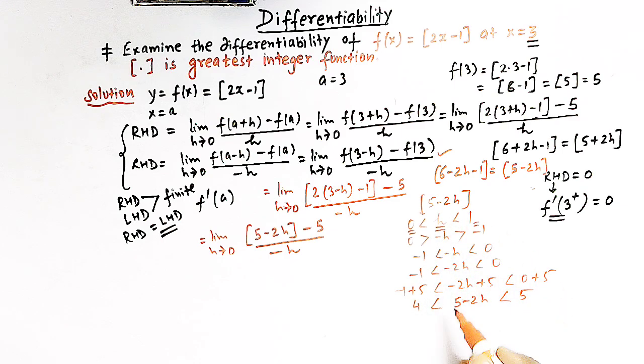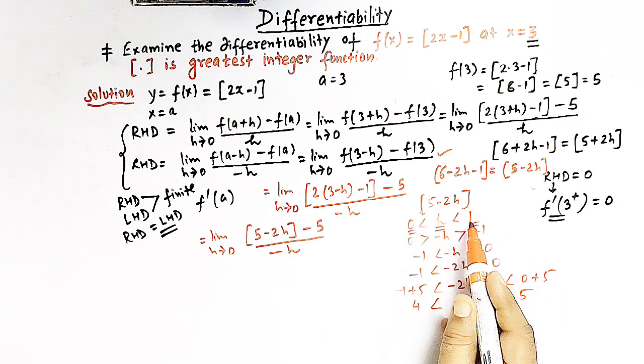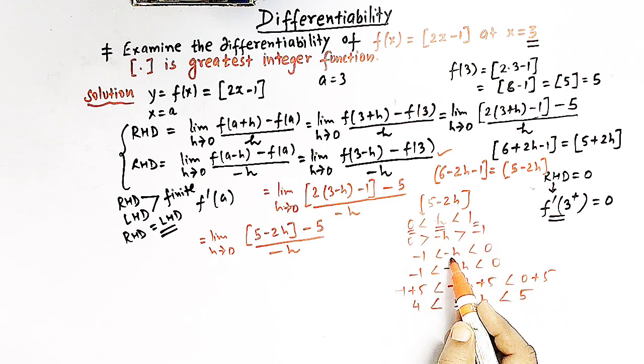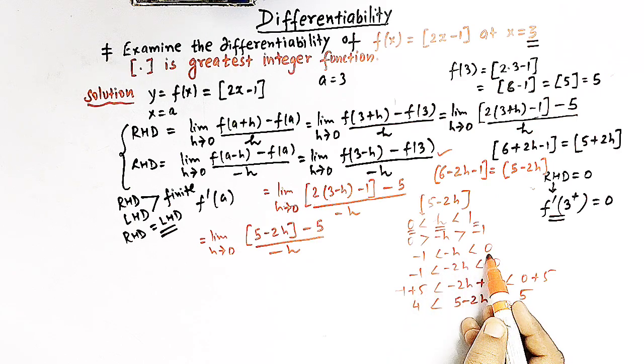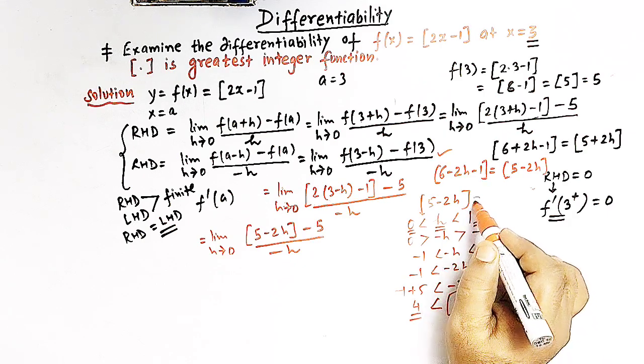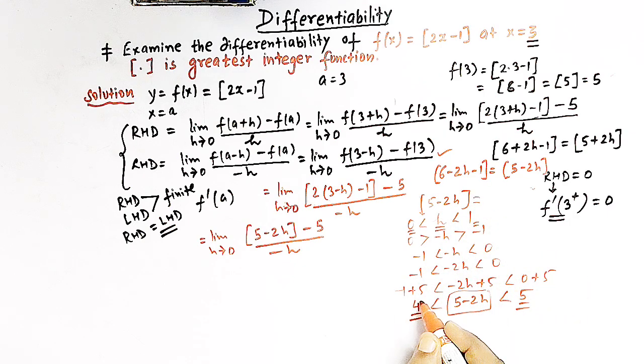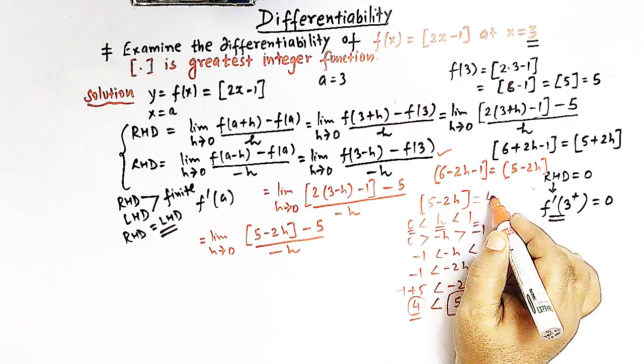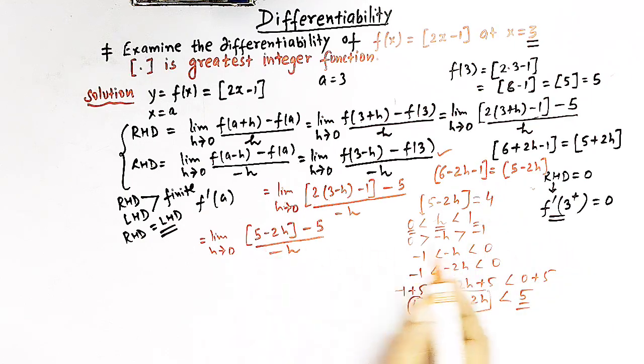So when h lies between 0 and 1, that is minus h lies between minus 1 and 0, then 5 minus 2h lies between 4 and 5, right? So 5 minus 2h is greater than 4, but it is less than 5. So the greatest integer of 5 minus 2h should be equal to 4. So here we'll write 4.